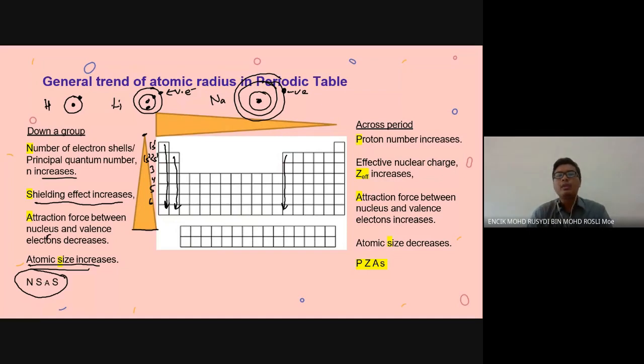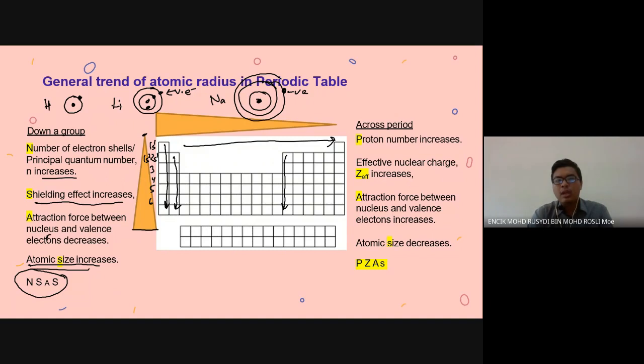Okay, so now we look for across the period. Across period pula. Okay, so across period, dia takkan ada perubahan dari segi number of shell, but it will change in terms of proton number sebab kita melentang ke sana. Okay, so proton number dia bertambah.